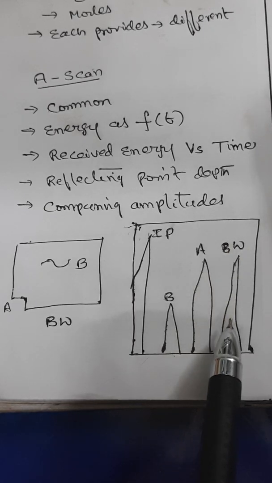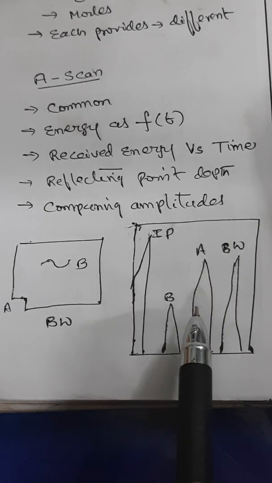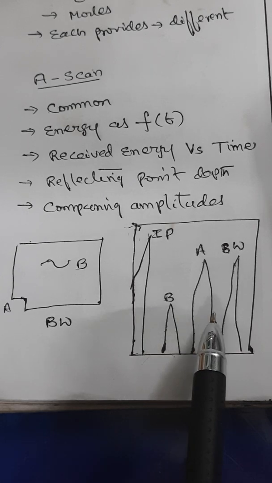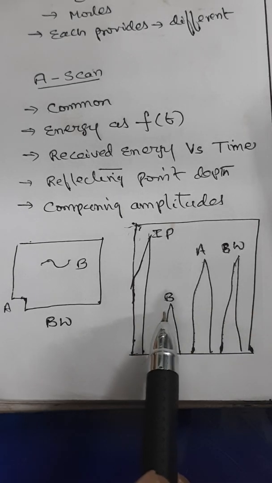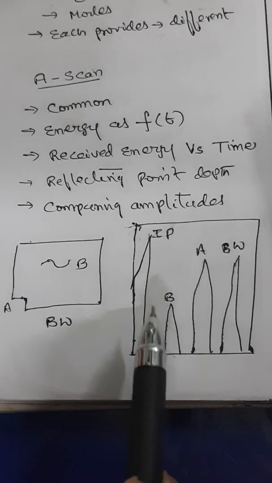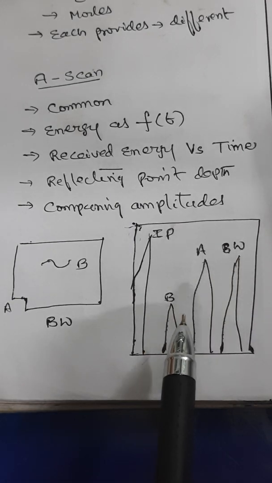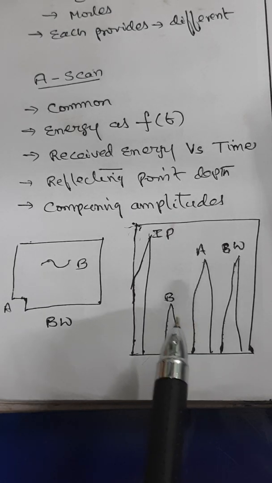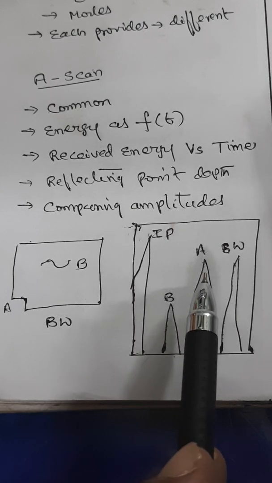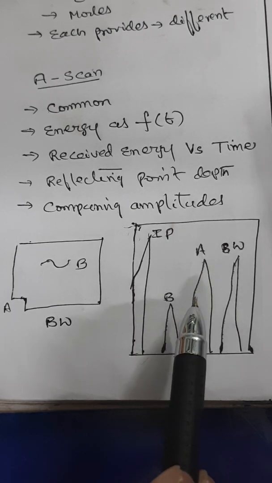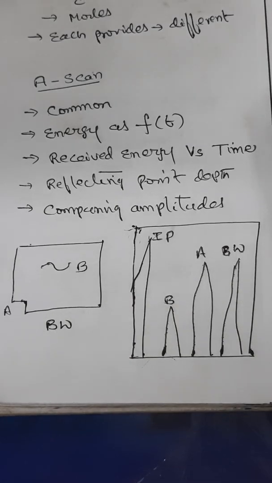This indicates that the sound has traveled more distance to reach the back wall than to reach A. When the transducer is moved over the flaw or the defect, signal B appears. This appears earlier in time since the sound travel path is shorter. So from the position of signal B, we can easily estimate the depth of the flaw from the surface.